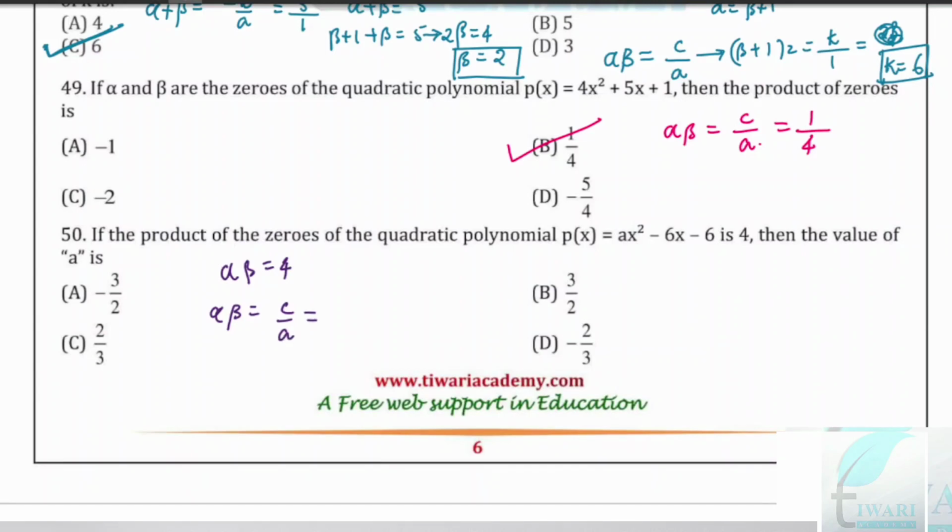And what is c by a? c by a is minus 6 by a, which is equal to 4. So the value of a will be equal to minus 6 divided by 4. So a will be equal to minus 3 by 2. So option number A is the right answer.